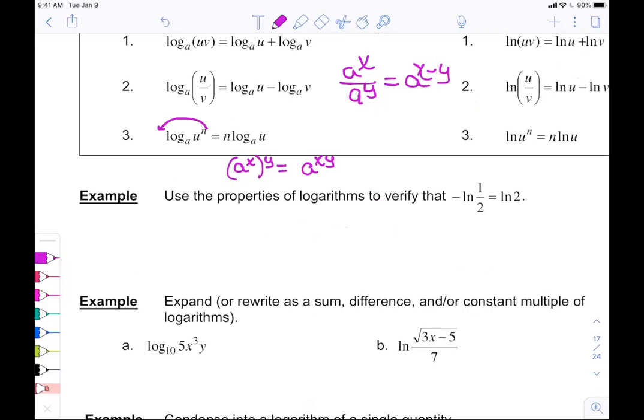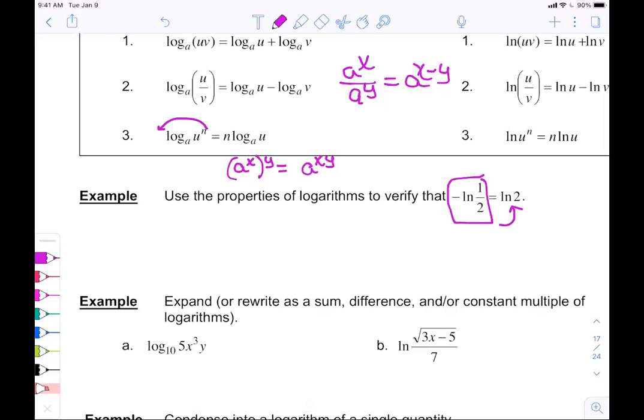So in the example below, it says use the properties of logarithms to verify that negative natural log of 1/2 is really the natural log of 2. So verify means take the one on the left and show how it can become the natural log of 2. And it wants us to try and use the properties above.